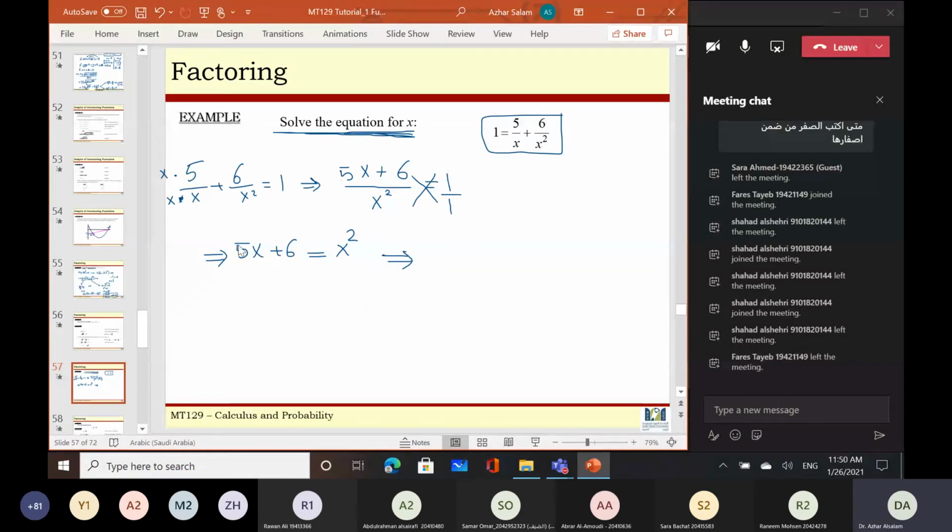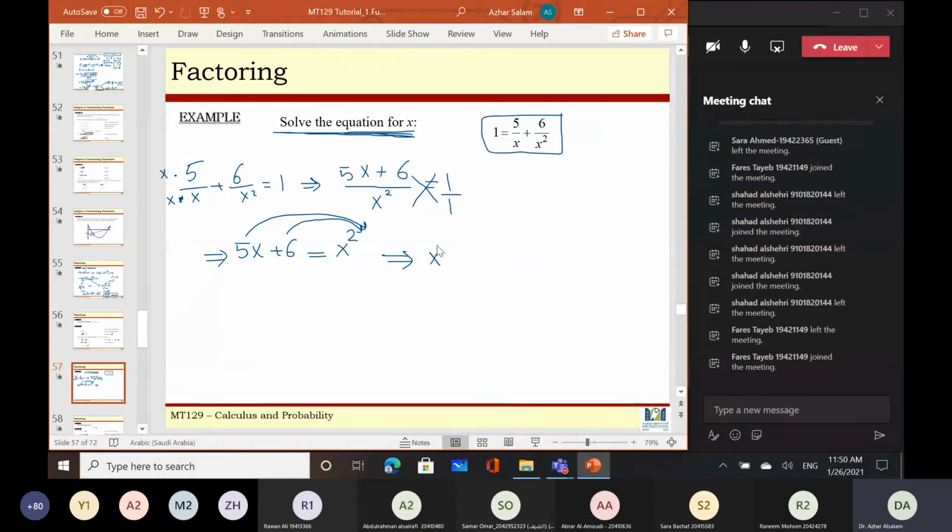Now I arranged، أجمع جميع الحدود في طرف واحد عشان أحصل على مساواة مع الصفر وأوجد الحل. So here I will just move or transfer all terms beside x squared here. عشان ما أغير إشارة الإكس تربيع، فراح أنقل الحدود اللي هنا مع الإكس تربيع في هذا الطرف وأساويها بالصفر.